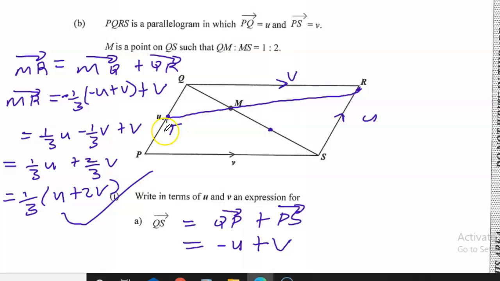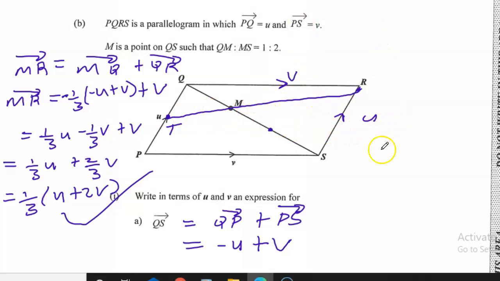Which means that if we can find the vector TR and show that these two vectors are parallel, it means that they lie on the same straight line. So we know what MR is, 1/3 (u plus 2v). Let's find the vector TR and show that these two vectors are parallel.